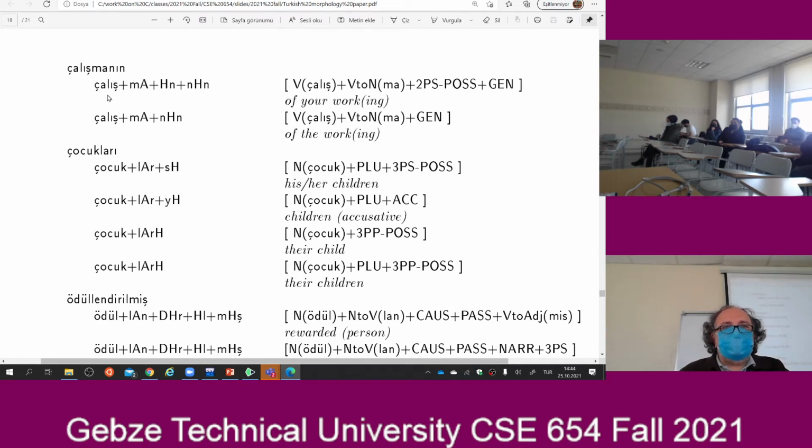When you say çalışmanın, to be able to say the same word in English, you have to bring lots of words together: of your working, or of the working, or her children, or as their child, etc. So you need to use a combination of words, and that's why Turkish has powerful morphology, and using a single word only, you can mean many different things, and it makes it interesting.